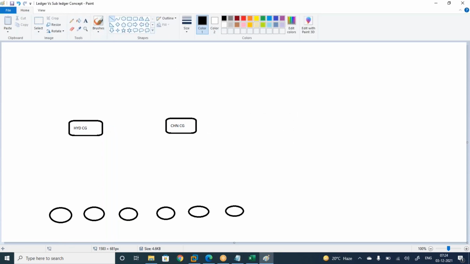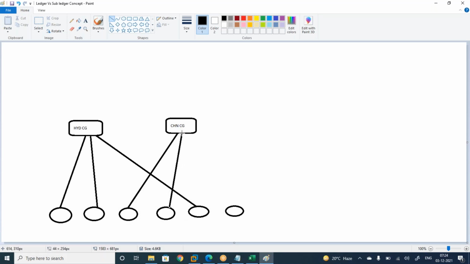Now while creating a customer, I can map it: this is a Hyderabad customer, this is a Hyderabad customer, this is a Chennai customer, and this is a Hyderabad customer, and this is a Chennai customer, and this is a Chennai customer.